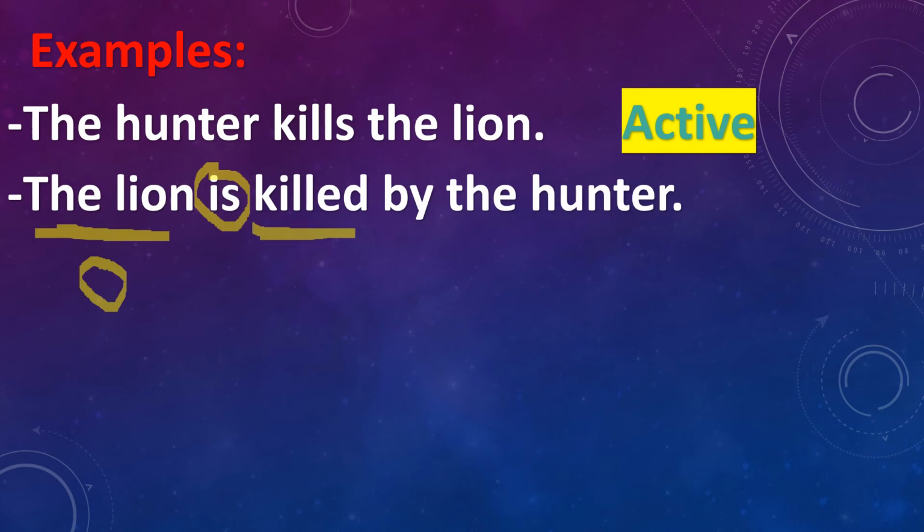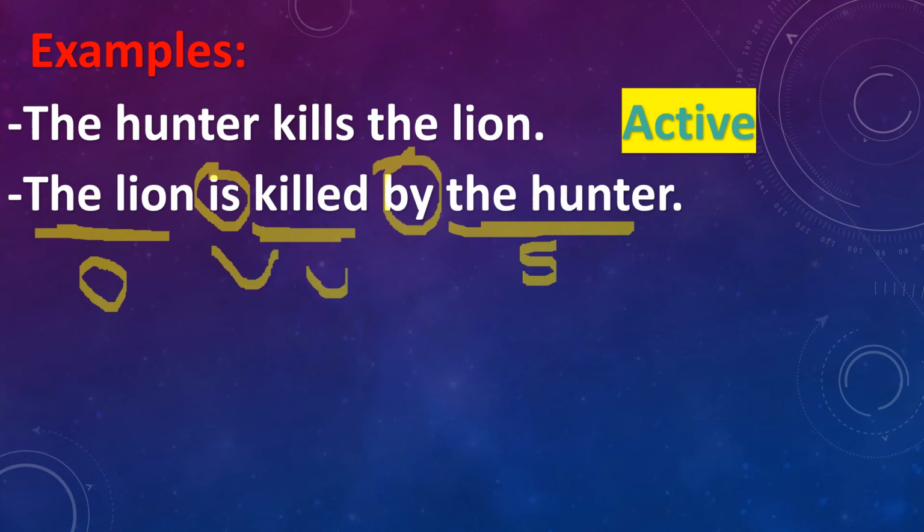And after that we have killed. Killed here is the past participle of the verb kill, and the hunter here is the subject because it is the doer of the action. And of course we have by, so we have OVVS, and we have by before the subject, so this is a passive voice sentence.